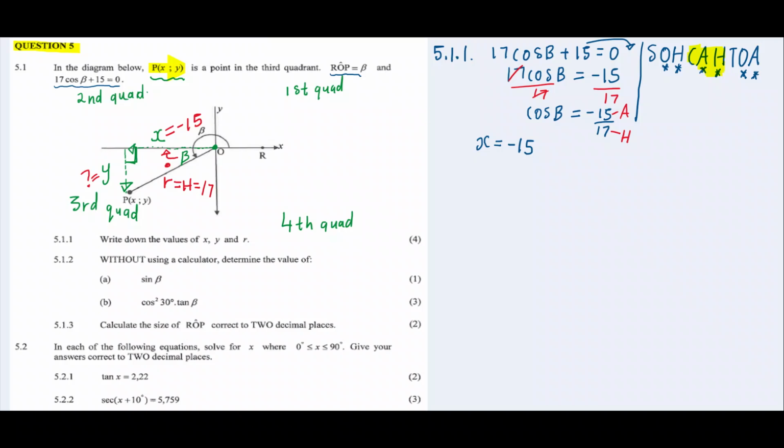So from the trig ratio itself, what we were able to see was the value of x, which was the adjacent side, and the value of the r, which was the hypotenuse side, right? So we couldn't see the y coordinate, but we saw the value of r, right? So let's move on.